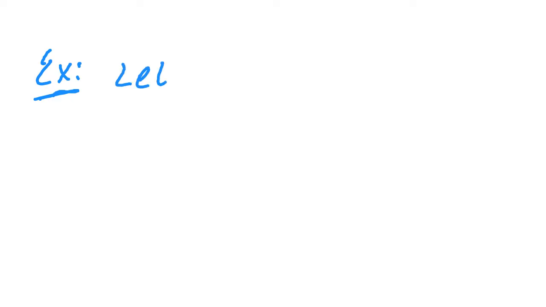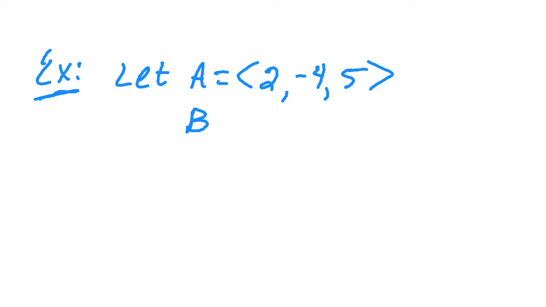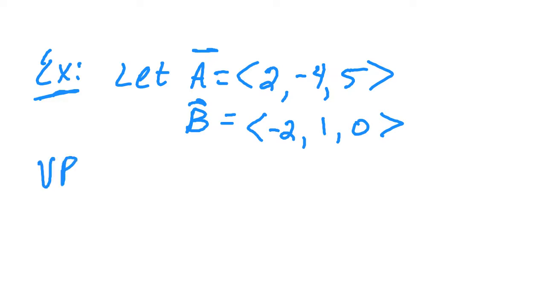So we're going to let A vector equal the vector 2, -4, 5, and B vector is the vector -2, 1, 0.